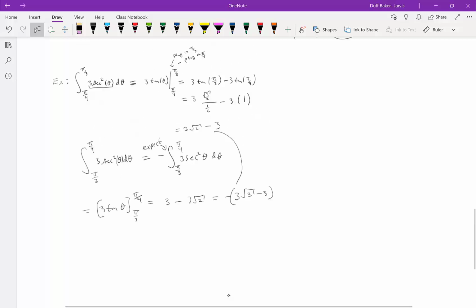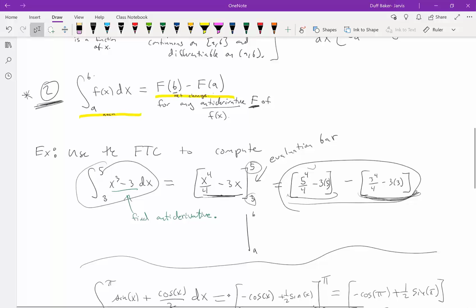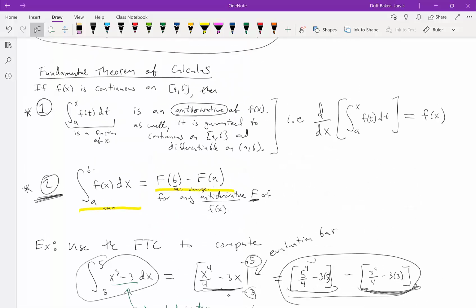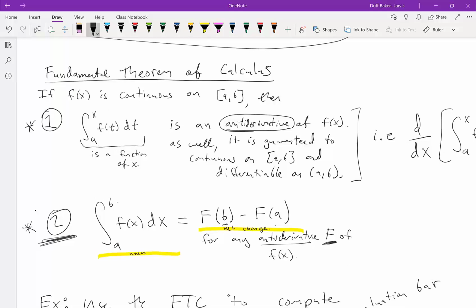Okay, so that was one part of the fundamental theorem of calculus. That was part 2. Now let's look at part 1. Part 1 is sort of the opposite thing. Instead of using antiderivatives to compute an integral, it's saying that the integral itself is an antiderivative.